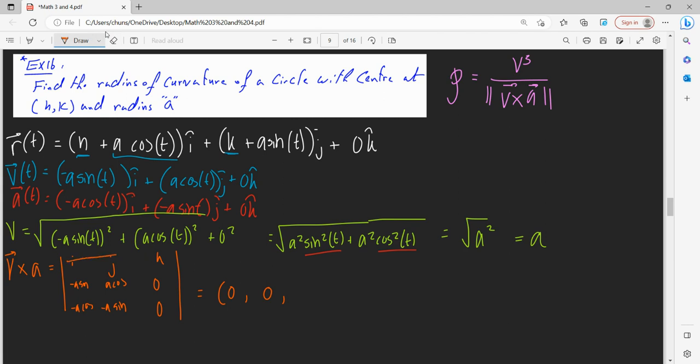So then when we cover up these rows, we have positive a squared sine squared t minus negative a squared cos squared t.